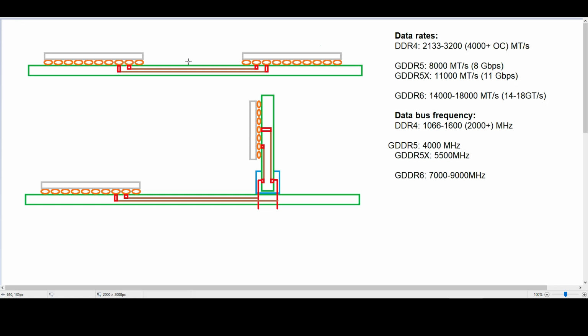So it's just a lot simpler at the end of the day to go to a lower speed. But obviously, when we need the high speeds of GDDR5, we need to have that simple, just package to package interface, without having to deal with the slots, without having to deal with potential differences between one module and the next.